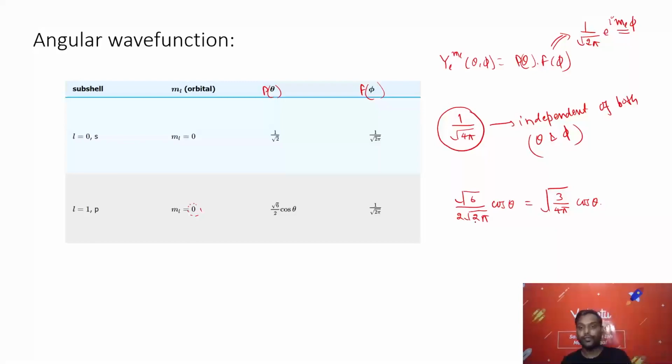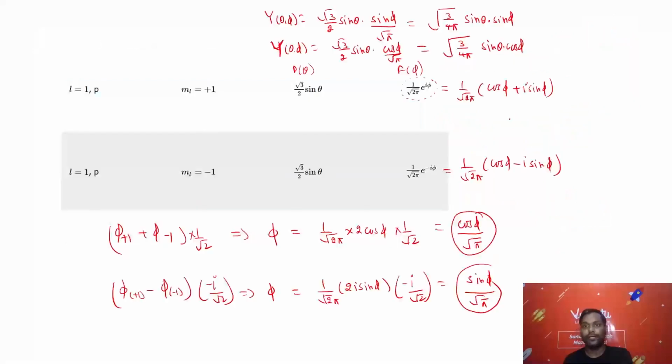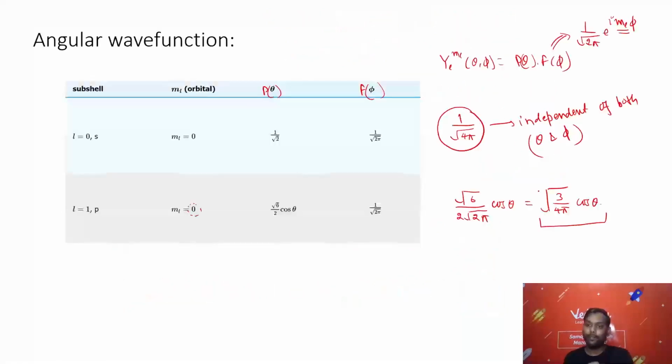Now coming to the 3p orbitals of p subshell, the angular wave function of the first p orbital is root 3 by 4 pi cos theta, and for the other two it is this. To convert them into the known forms like px, py, pz, I will have to use the conversion of the spherical system into the Cartesian system.